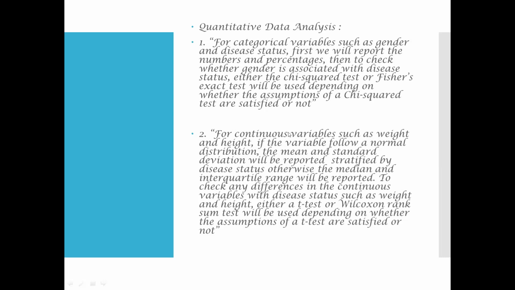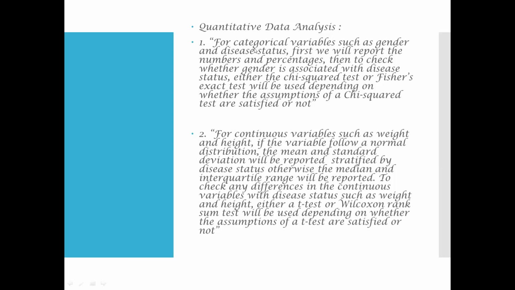Then for continuous variables such as weight and height, if the variable follows a normal distribution, the mean and standard deviation will be reported, stratified by disease status. Otherwise the median and interquartile range will be reported. Then to check any differences in the continuous variables with disease status, such as weight and height, either a t-test or Wilcoxon rank-sum test will be used, depending on whether the assumptions of a t-test are satisfied or not.